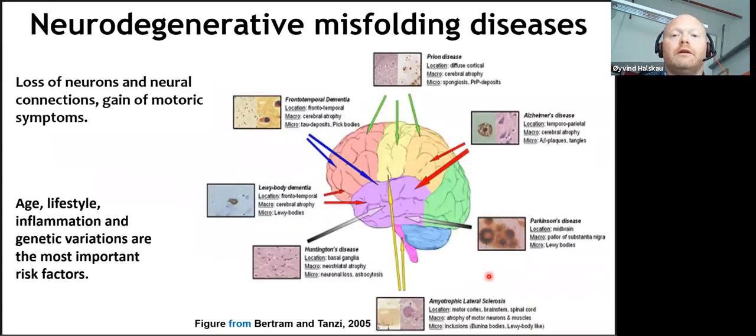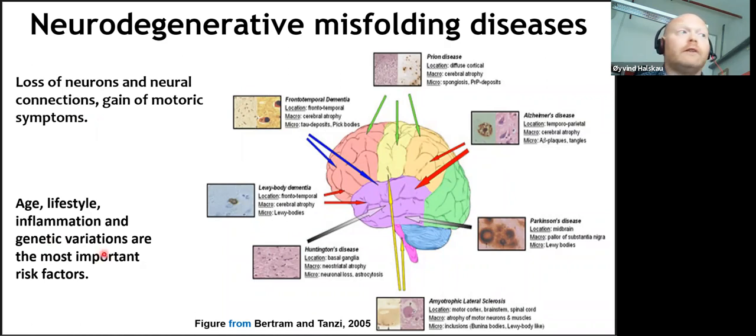Well, you can get a number of diseases, as I'm sure you all know. Some of these are neurodegenerative in nature. Here is a selection of which parts of the central nervous system are affected in different diseases. And these diseases are generally characterized by loss of neurons, neural connections, and gain of motoric symptoms.